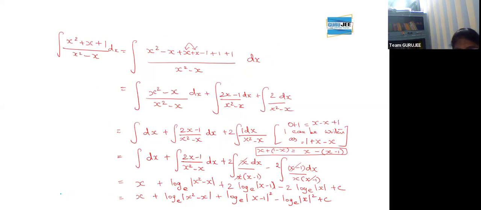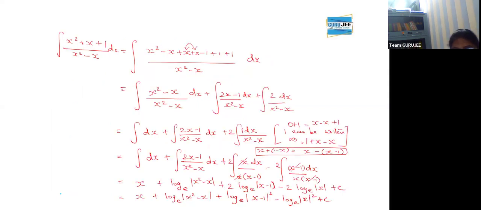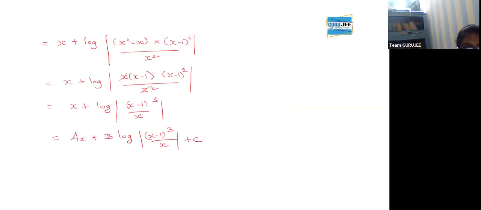The same problem. Where I didn't have any extra space. Put it in the problem. அடுத்த ஸ்டெப் போறேன். log of a b கொடுத்தா log a plus log b அப்படின்னு படிச்சிருக்கோம் இல்லையா?